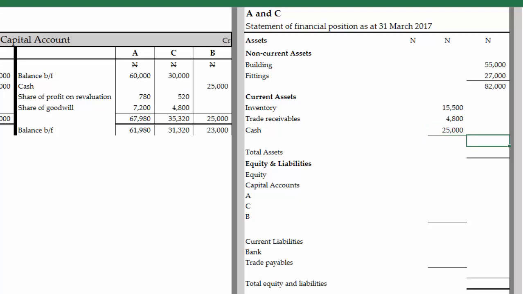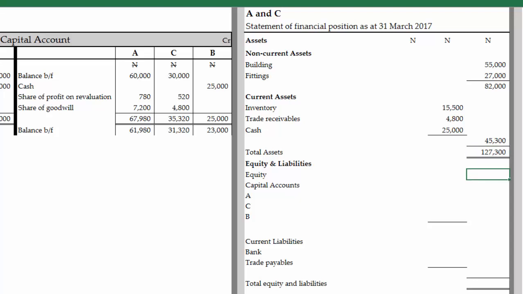The total of the three will give us 45,300. Let's add the non-current assets with the current assets, and that brings the total to 127,300, being the total assets.